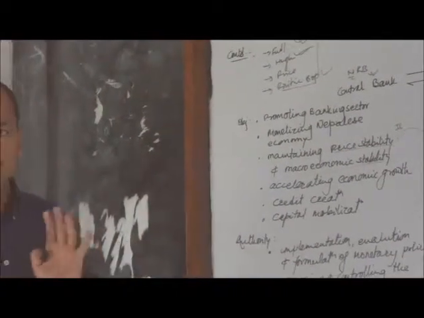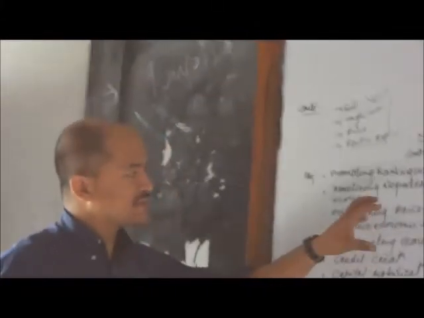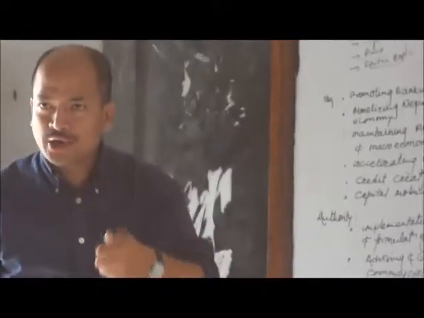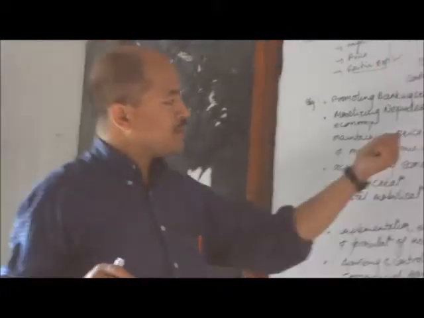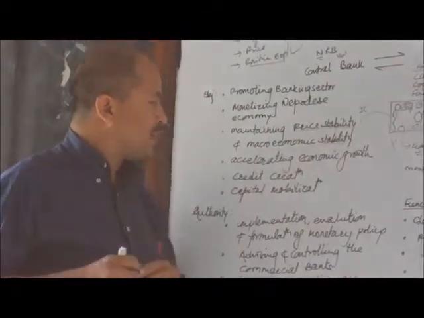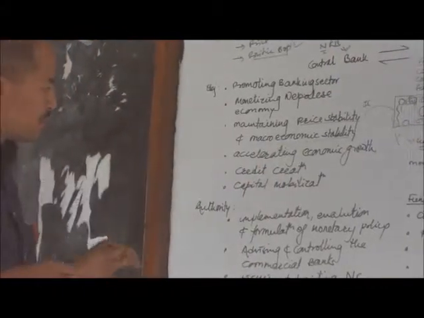And if you observe the changing of the monetary policy, its major concern is to control the quantity of money by controlling credit and the supply of money, and also to achieve macroeconomic stability and the economic growth rate.